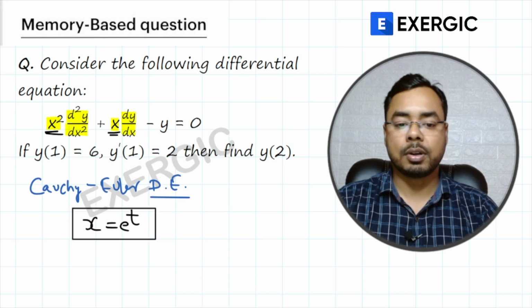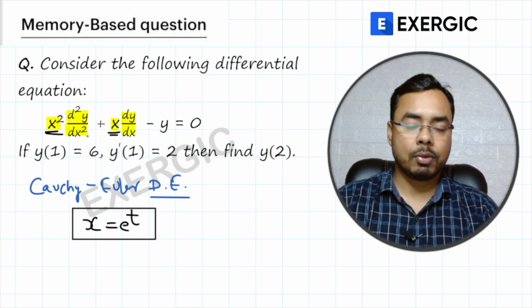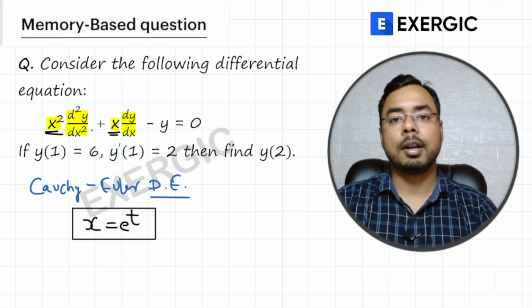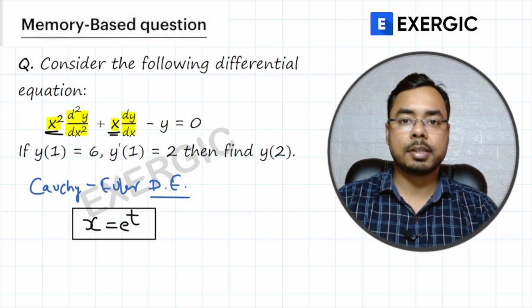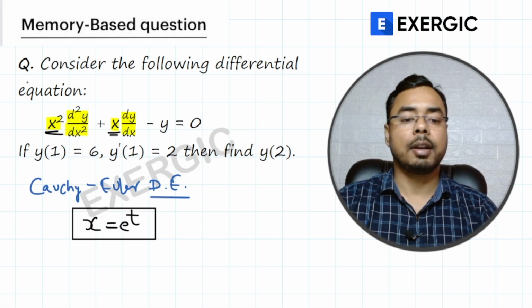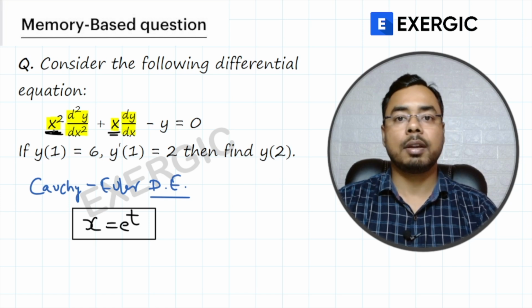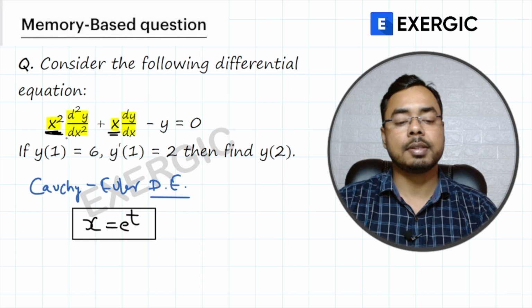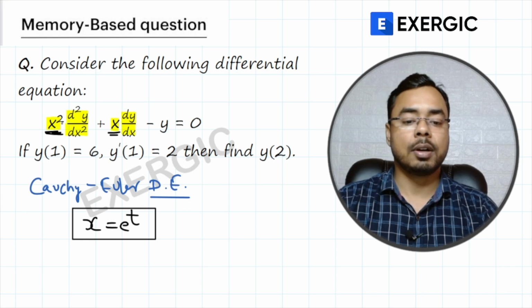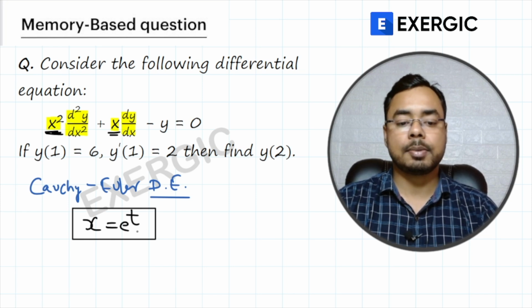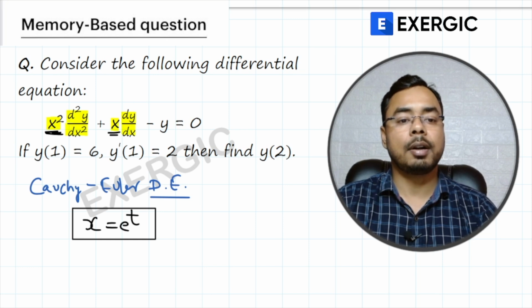We calculate the complementary function and particular integral, and then the complete solution is the sum of those two, right? Now if I can convert this differential equation with variable coefficient into a differential equation with constant coefficient, then we can easily solve that. And for that, the standard substitution is x equals e to the power t.